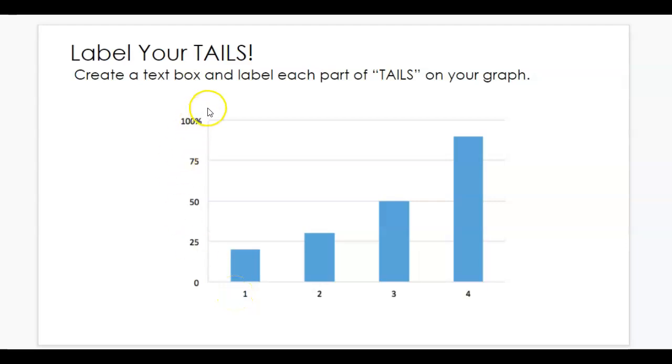What I'm asking in this slide is to take a text box, go ahead on top of the slide, and create the title and the other various parts of the TAILS acronym. If you would like to share that with me, I would definitely review that and give you some feedback. But you don't have to.